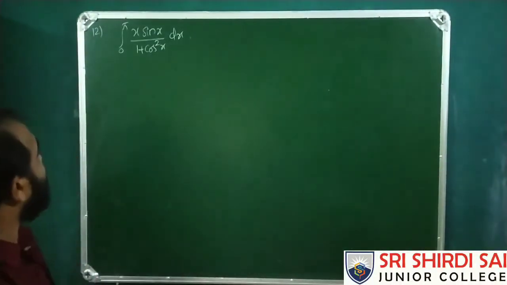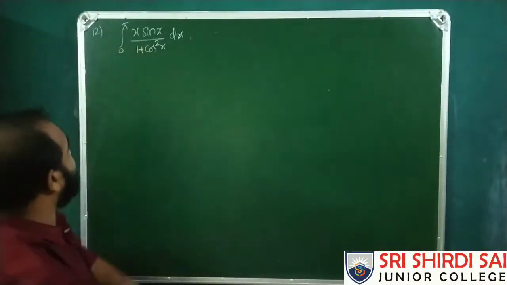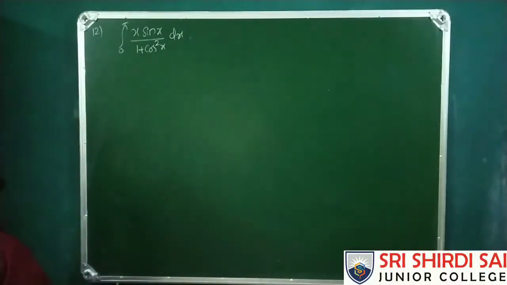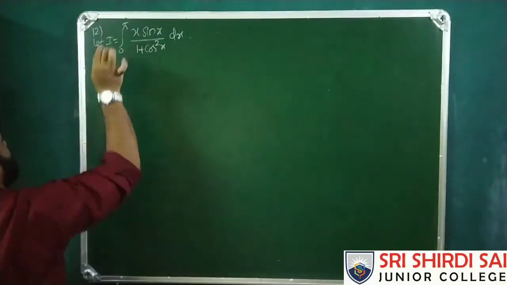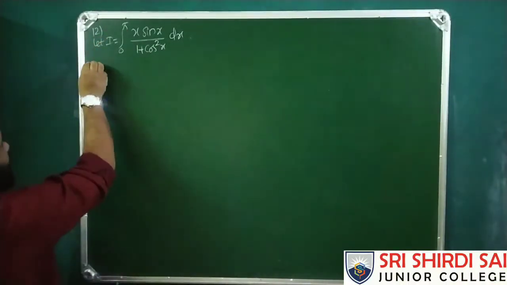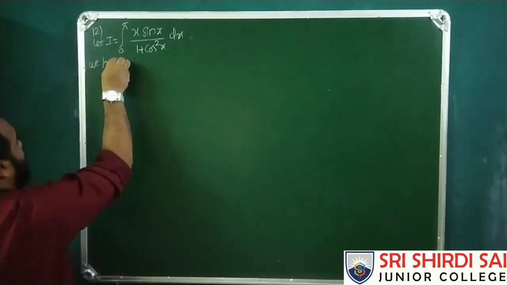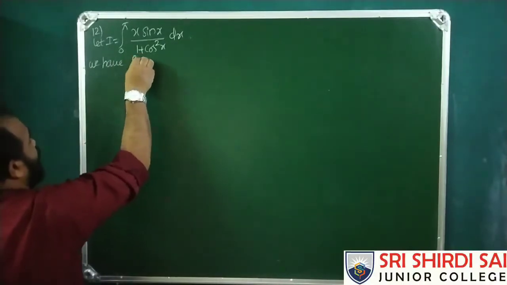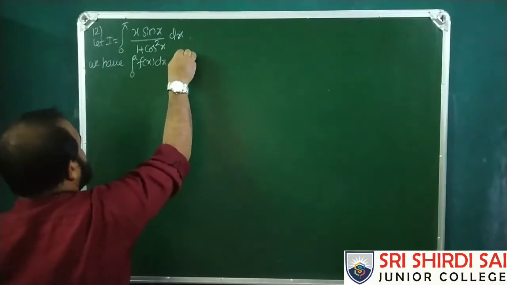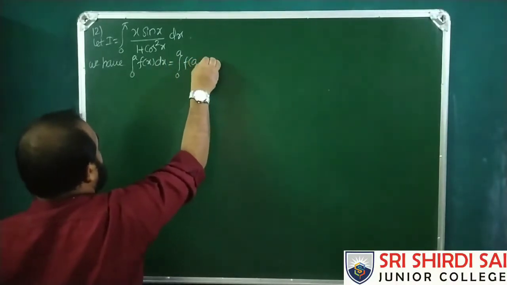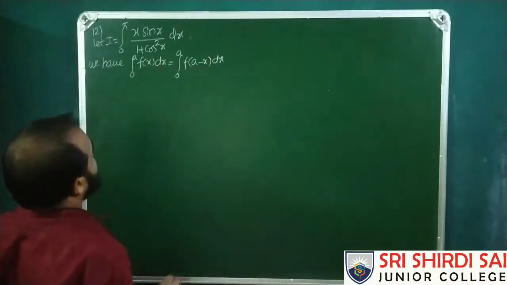The next question is integral 0 to pi x sin x by 1 plus cos square x dx. So let us take I is equals to. The property we are using is, integral 0 to a f of x dx is equals to integral 0 to a f of a minus x dx.